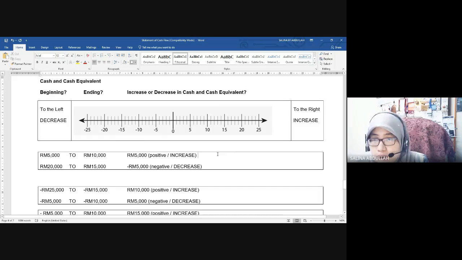So you can see from this diagram just now, if it is 5 to 10, it is moving to the right. However, if it is from 20 and then it moved to 15,000, it is moving to the left. So this shows a negative or decrease in cash and cash equivalent.